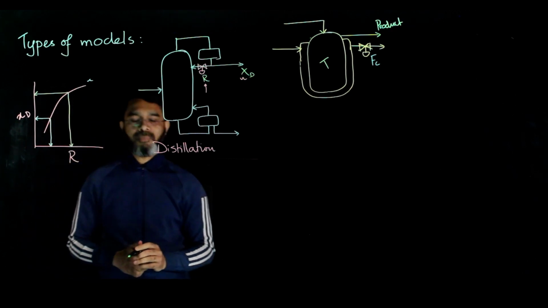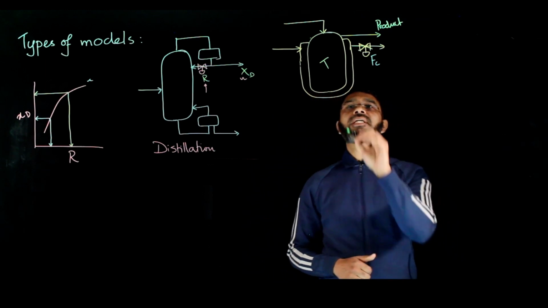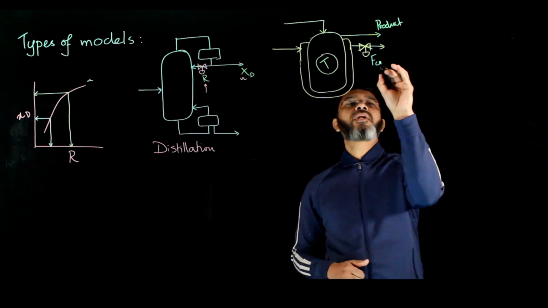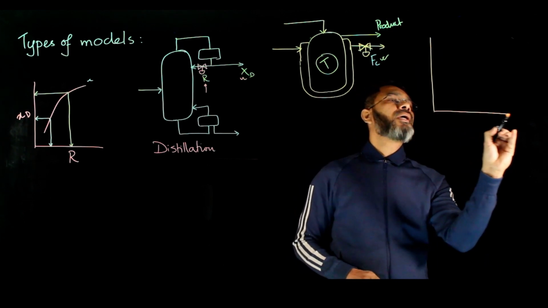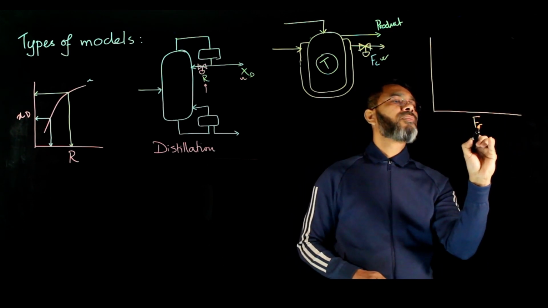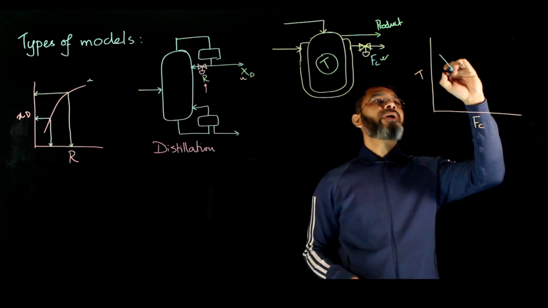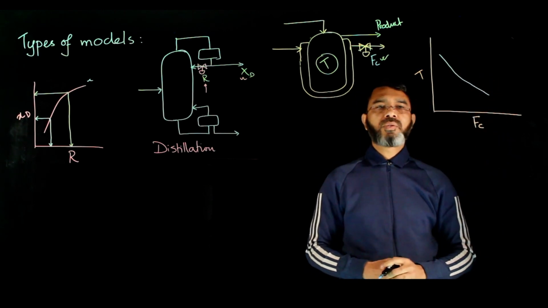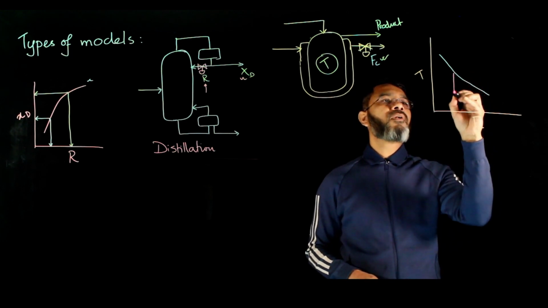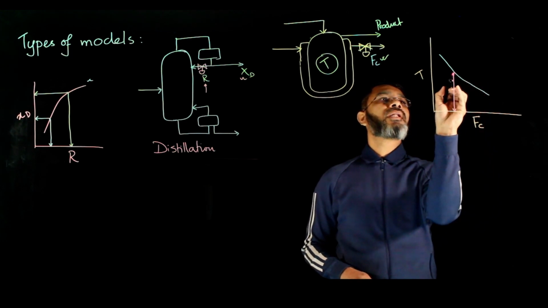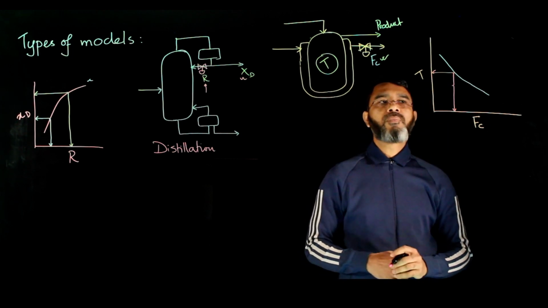The same thing you can think about in the reactor problem. We know that the temperature inside the reactor will depend on the flow rate of the coolant. Now if you draw the relation between coolant flow and the reactor temperature, you may get a relation something like this. So this relation will tell you that if you have a steady value of coolant flow of this much, the temperature inside the reactor at steady state will be this.